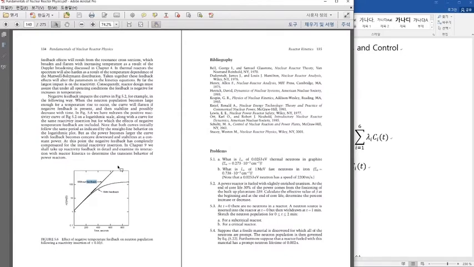So with the equations, when we insert some positive reactivity, first you will be able to see some prompt jump here. And then after the prompt jump, the neutron density will, in fact, increase exponentially.